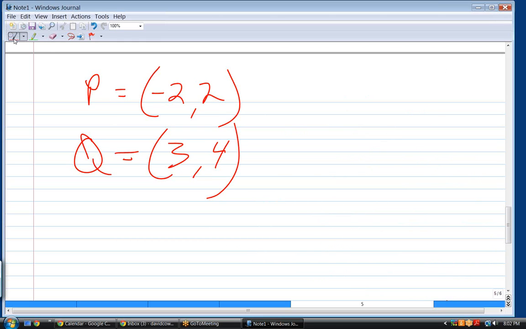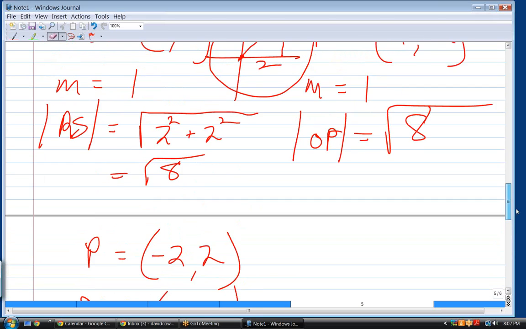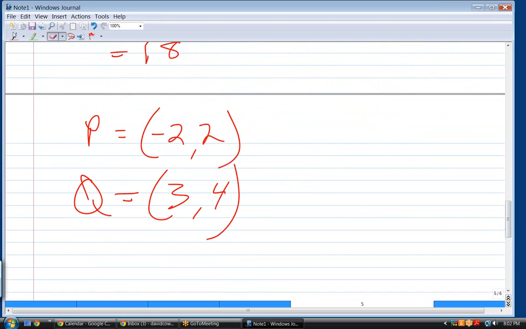So they're asking what is 2QS? In other words, we have the same 2 points, R and S? It's for Q and S, not QP. Right. What was the points on R and S again?